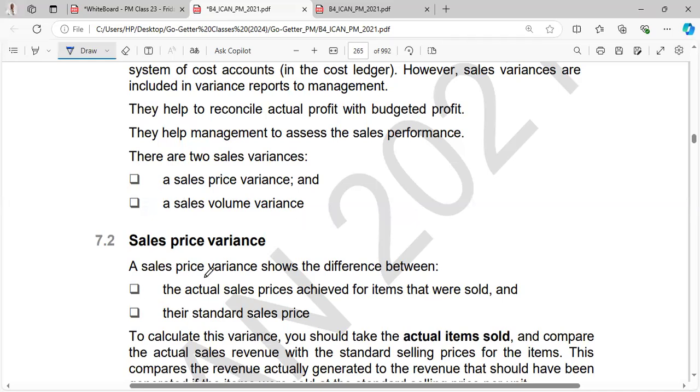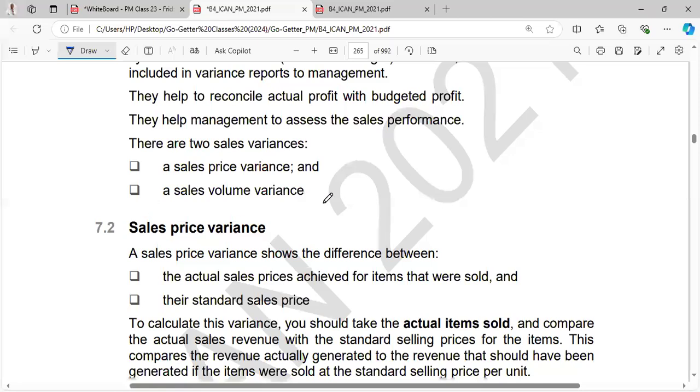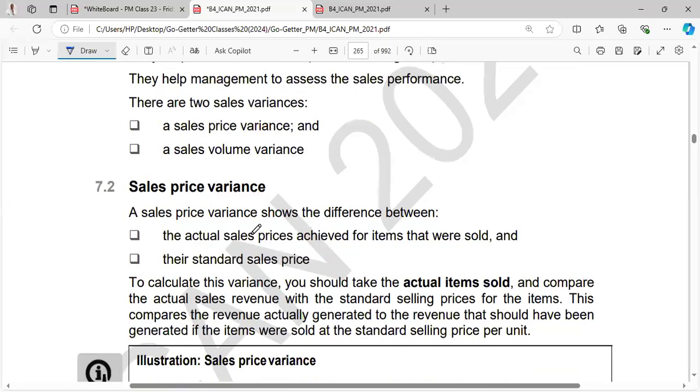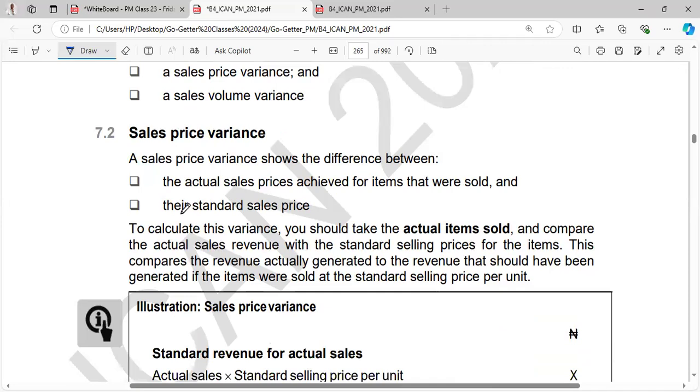So now let's look at the sales price variance. A sales price variance shows the difference between the actual sales price achieved for items that were sold and their standard sales price. To calculate this variance, you should take into consideration the actual items sold. Just the way we do for cost variances, we look at actual quantity produced or actual hours used.